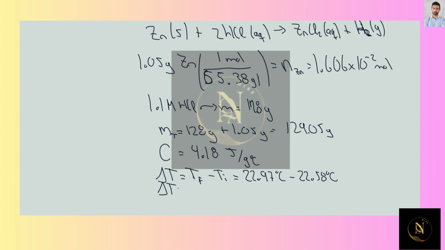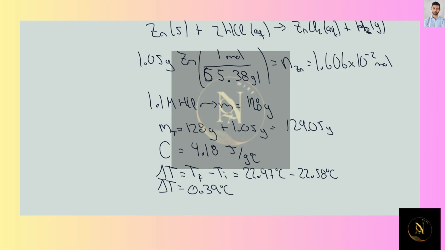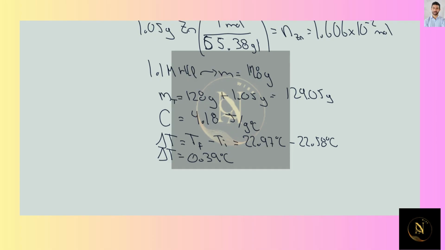So delta T is equal to 0.39 degrees Celsius. Remember that in this case we can keep it in Celsius because the change of temperature in Celsius and in Kelvin is going to be the same, because we have a relationship that only depends on adding one number when we transform from Celsius to Kelvin.